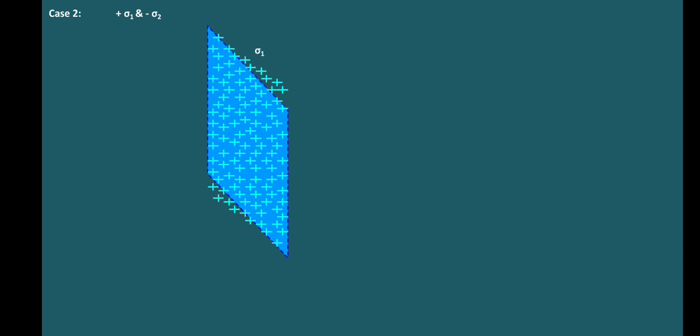Then the second case: the first sheet has a positive charge with surface charge density sigma 1, and the second sheet has a negative charge with surface charge density sigma 2. Consider the first sheet has surface charge density sigma 1, totally positive charges, and the direction of the electric fields is radially outward, as denoted in this diagram.